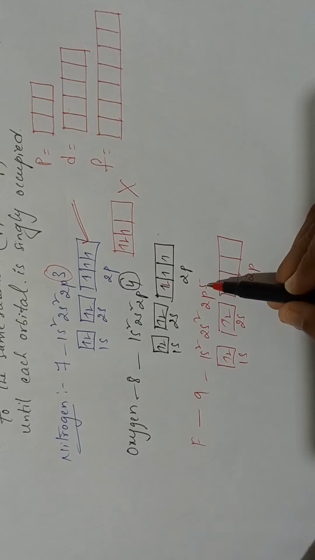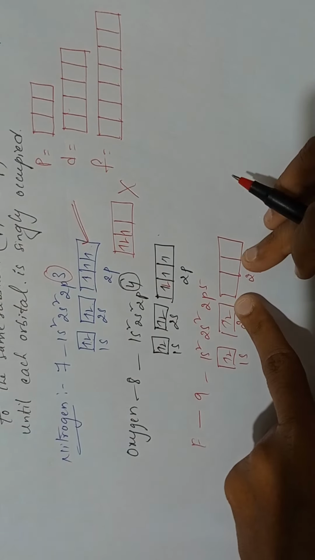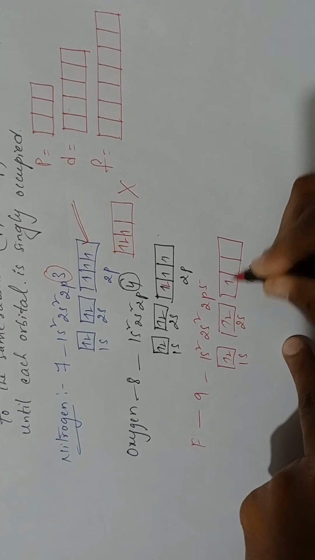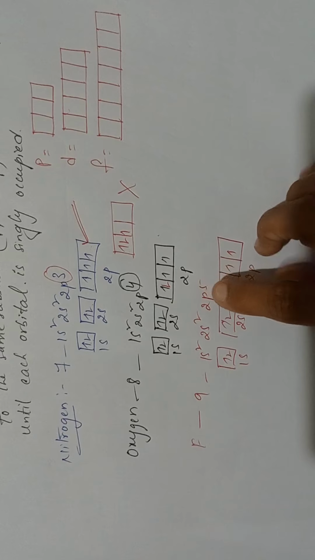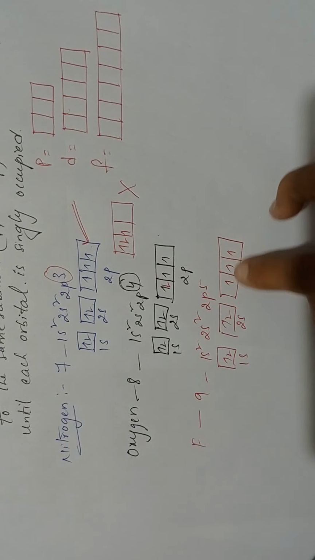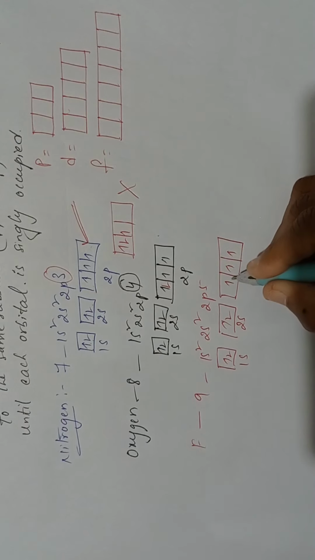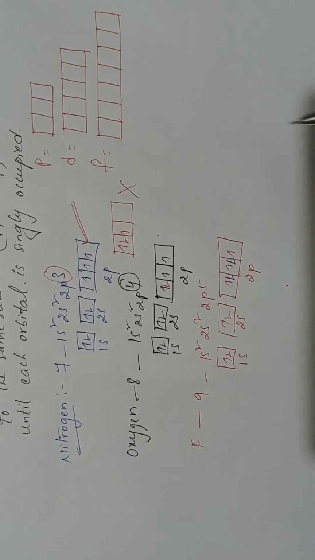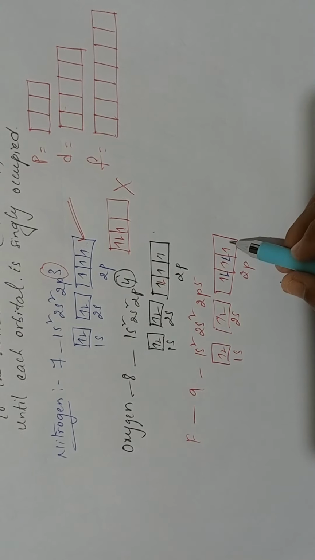First, according to Hund's rule, each orbital in the p subshell should be filled with a single electron, 1, 2, 3. Still 5 in total, 3 electrons completed. Now how do we take the 4th and 5th electrons? This is the 4th electron, this is the 5th electron. Are you clear, students?